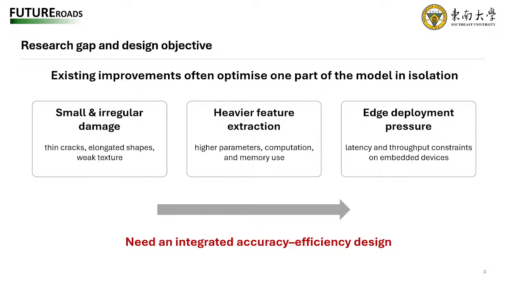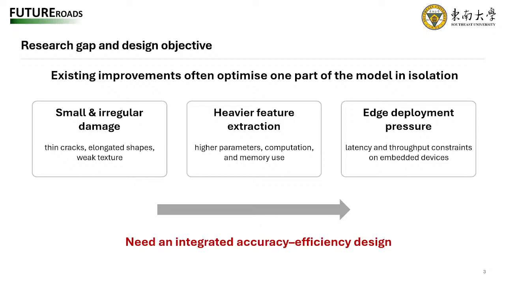In practice, the defects of pavements are usually small and irregular, such as very thin cracks and shallow or weak surface damage. A common solution is to use a larger and more complex model to extract better features. But this creates a problem.